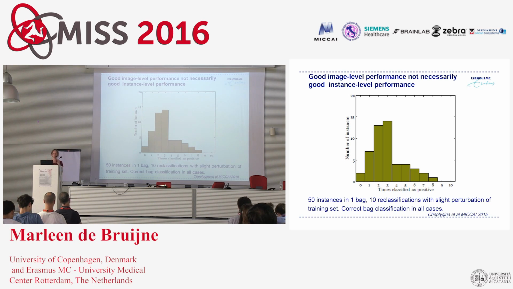We had 50 random samples in each bag, and what you see here is one bag that had been classified 10 times with a slight perturbation of the training set. So 80% of the training set remained the same and 20% was varied. And there was a correct bag classification in all cases.